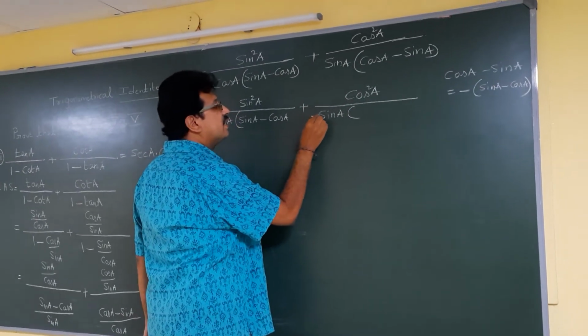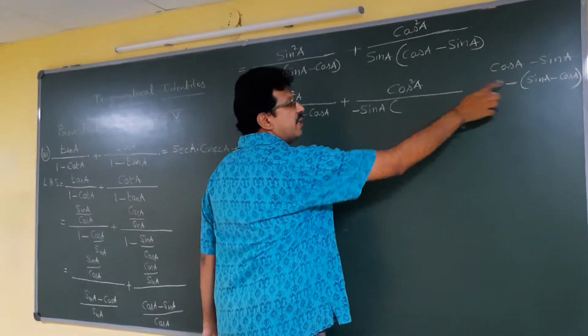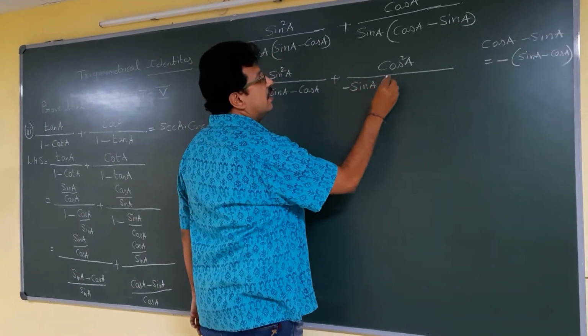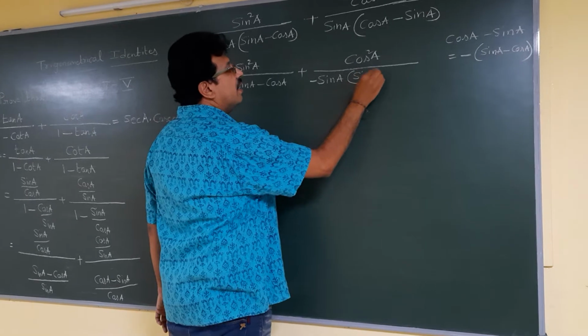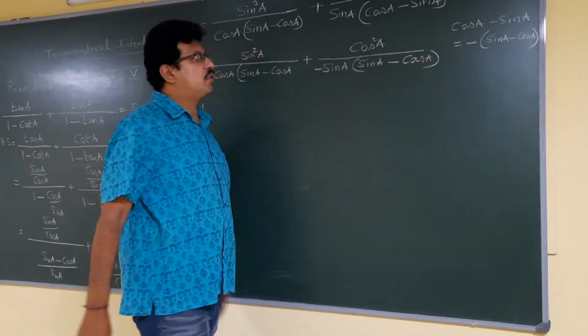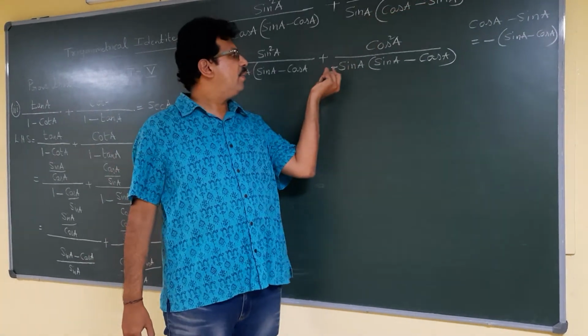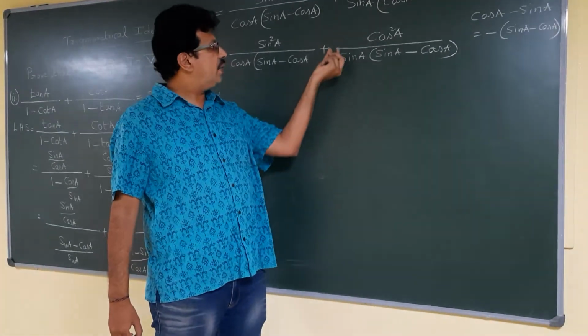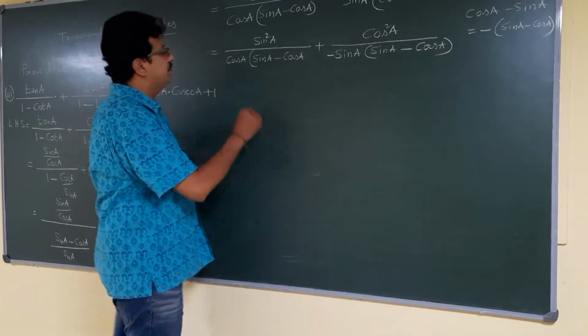I am writing the minus here, that is sin A minus cos A. I just reversed it by taking minus outside. And plus divided by minus is again minus.